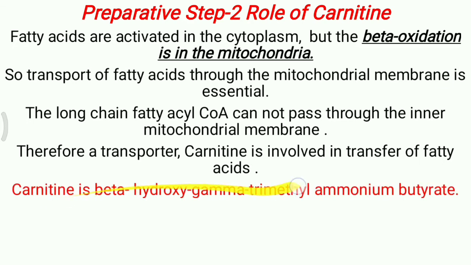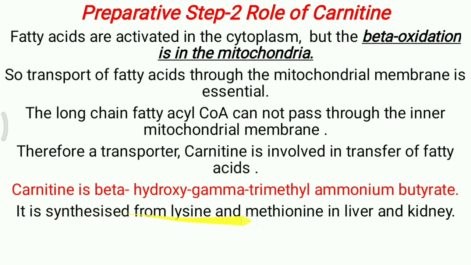Carnitine is beta hydroxy gamma trimethyl ammonium butyrate, which is its chemical name, but simply remember that carnitine is produced from two amino acids, lysine and methionine, in the liver and kidney. It helps in the transport of long chain fatty acid.